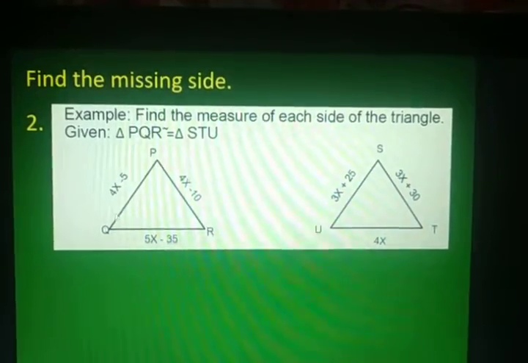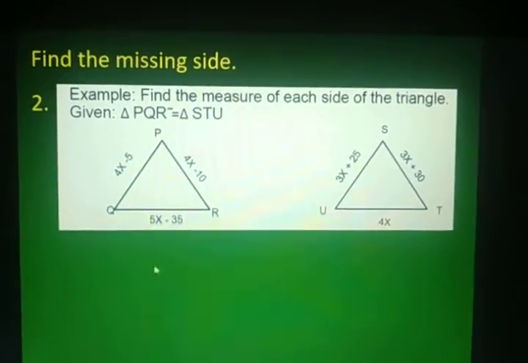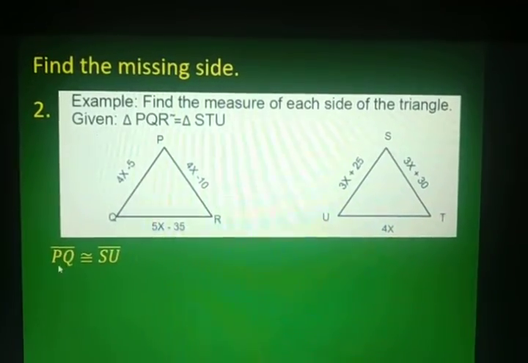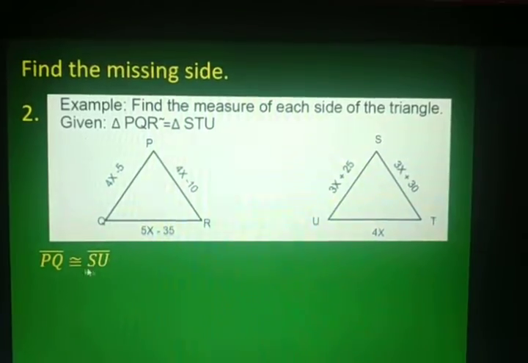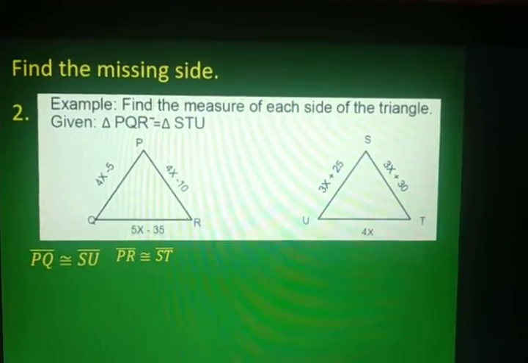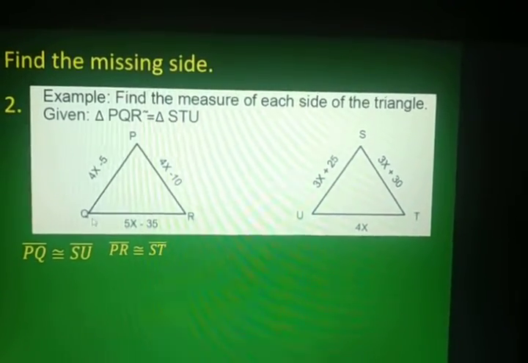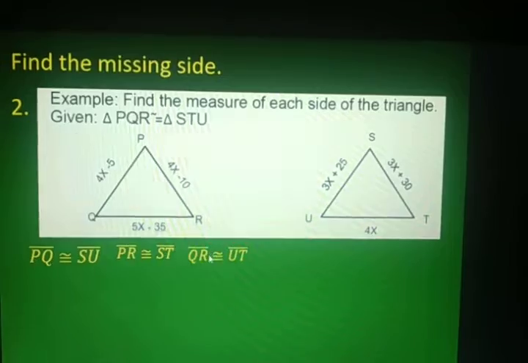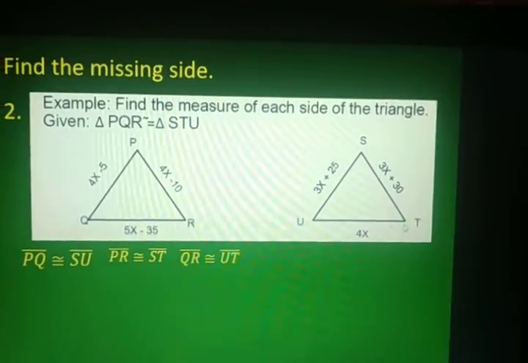According to the drawing, side PQ corresponds to side SU. So write it down: side PQ corresponds to side SU, so they are congruent. Next, side PR to side ST. And the last, side QR corresponds to and is congruent to side UT.